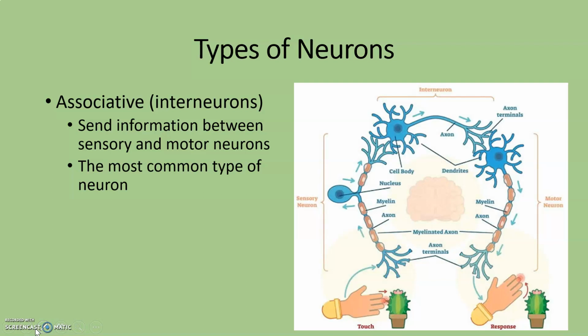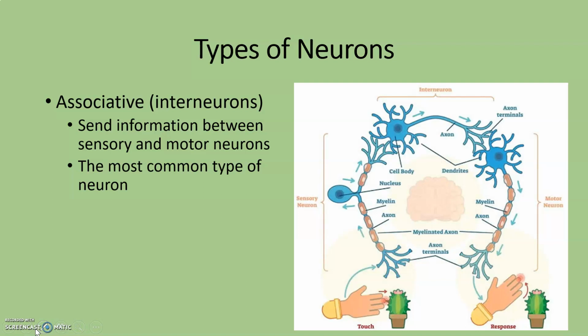And here in this picture, you can see an example of how these types of neurons work together. For example, if you were to touch something prickly, like, say, a cactus, those sensory neurons are going to send a signal to the interneurons in your spinal cord. Some interneurons are going to pass that signal to the motor neuron in your hand, and this is going to allow you to move your hand away.